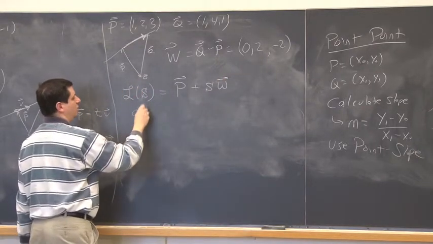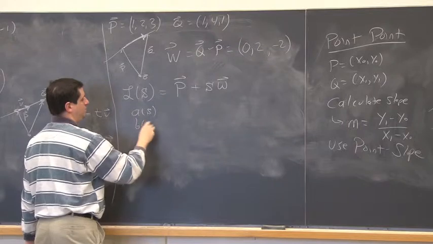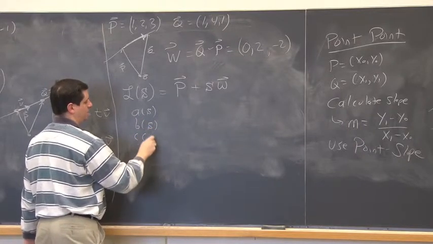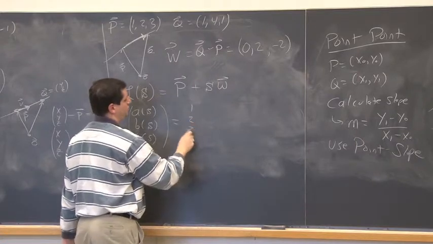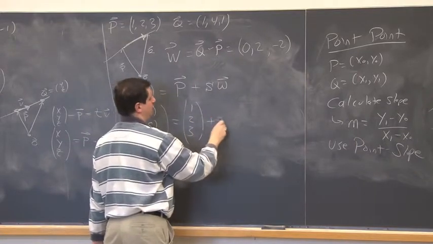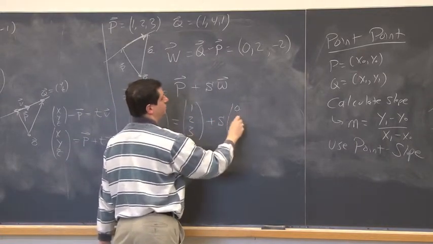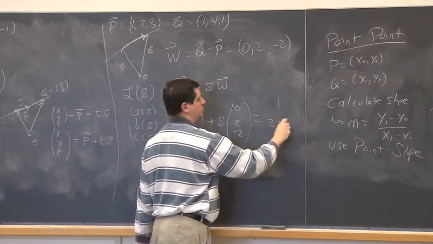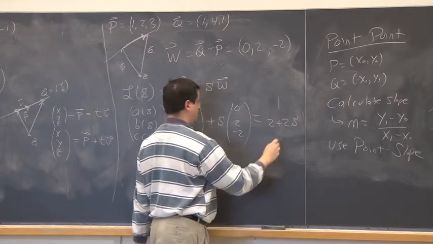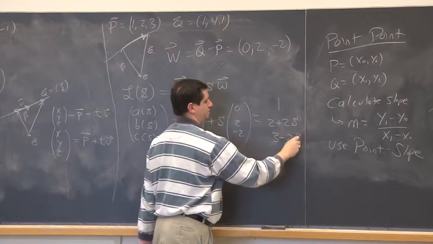So I'll call it a of s, b of s, c of s, my three components, is going to be p, 1, 2, 3, plus s times this vector 0, 2, minus 2. So I get 1, 2 plus 2s, and then 3 minus 2s.